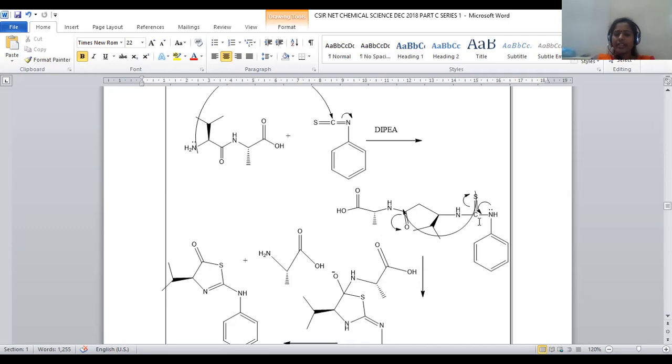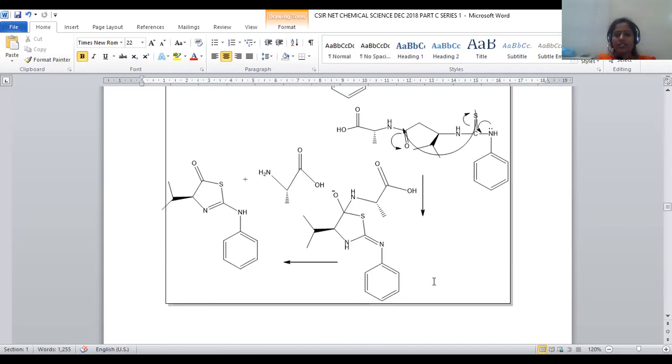Sulfur is more electronegative when compared to carbon, so the pi bonded electrons are shifted towards sulfur, so that S minus is obtained. That S minus, having higher electron density, will attack the carbonylic center. When it attacks the carbonylic center, a 5-membered ring formation is possible: 1, 2, 3, 4, 5.